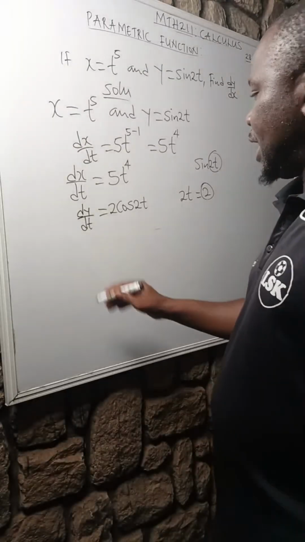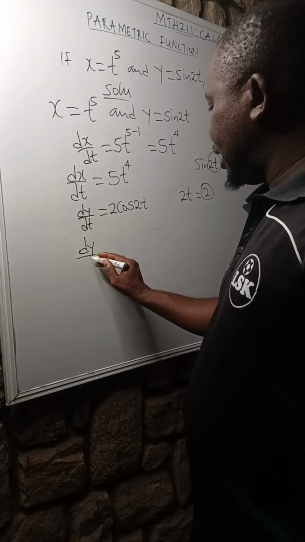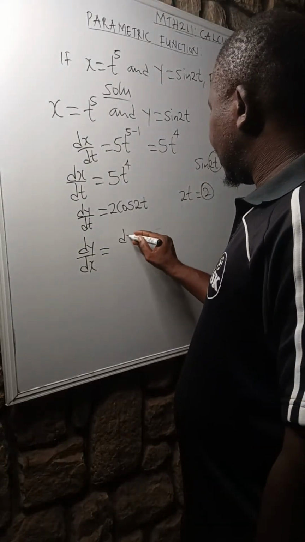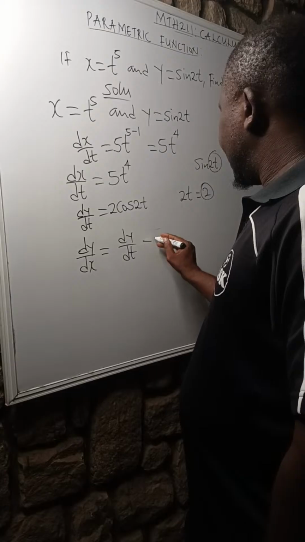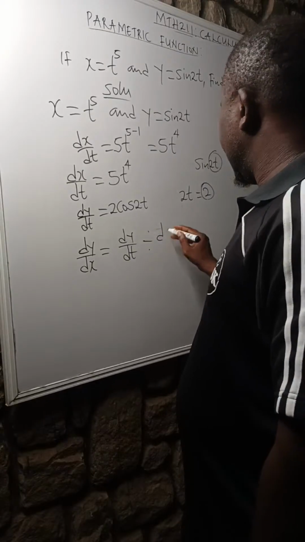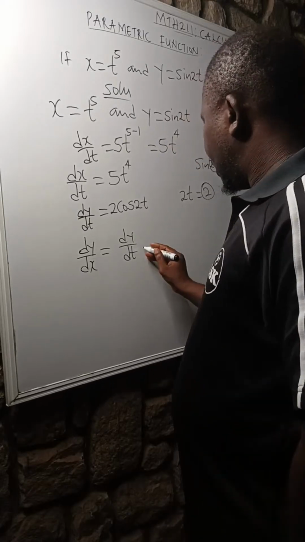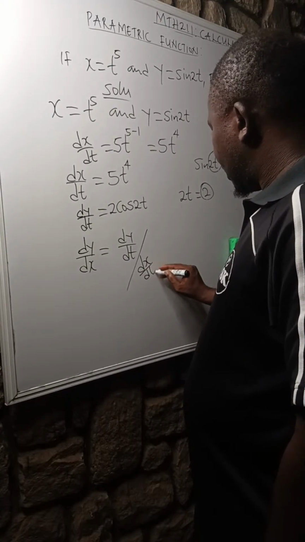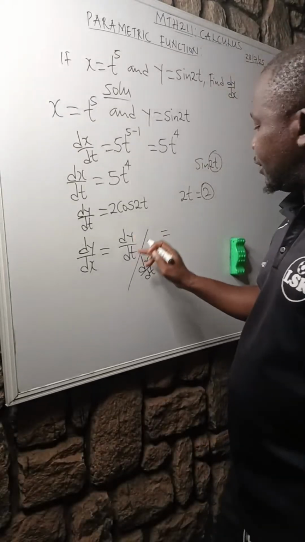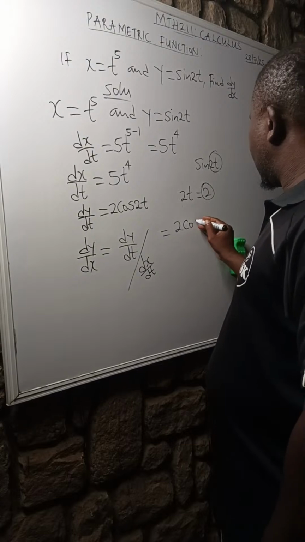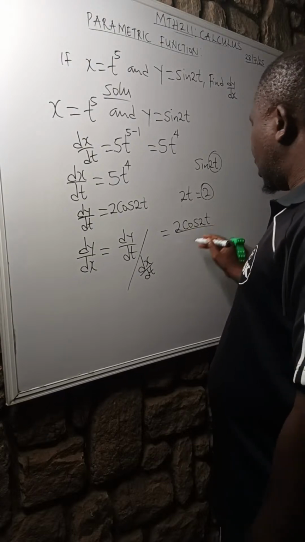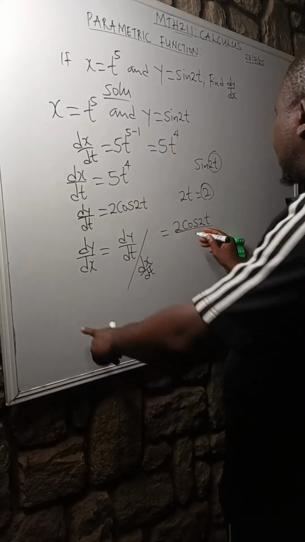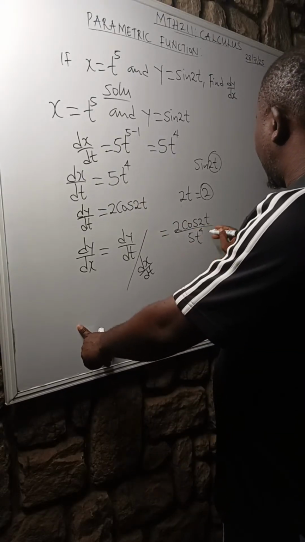So this implies that our dy all over dx will now be equals to dy all over dt divided by dx all over dt, which is equals to, what is our dy all over dt, it is 2 cos 2t, all over, what is our dx all over dt, it is this, 5t raised to the power 4.